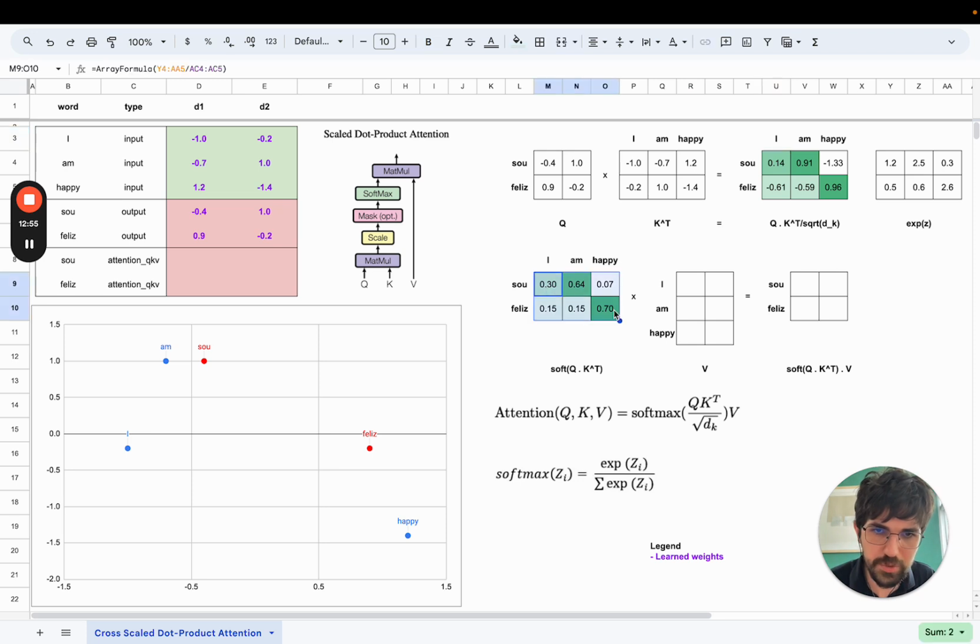After we get this softmax, we now need to get the value, which is also this input sequence. I'll get it here, and what will happen now is we'll be multiplying both in order to create this transformed output, or transformed target embedding.